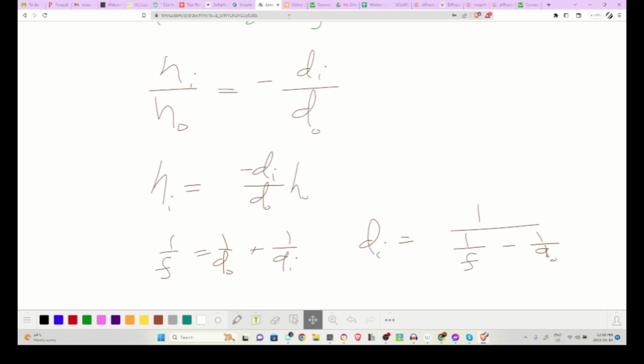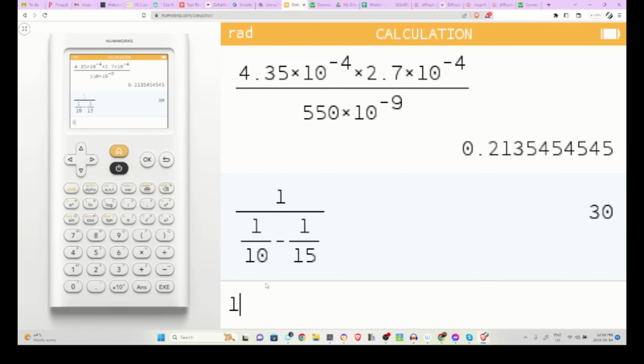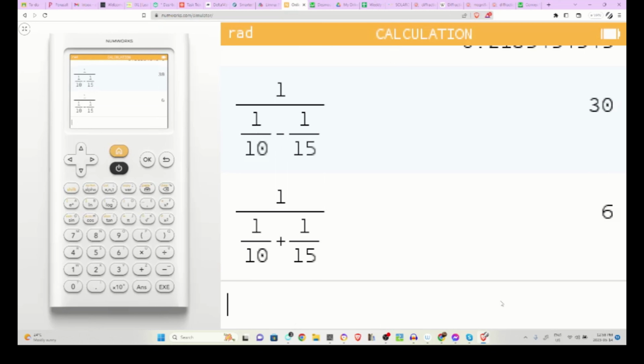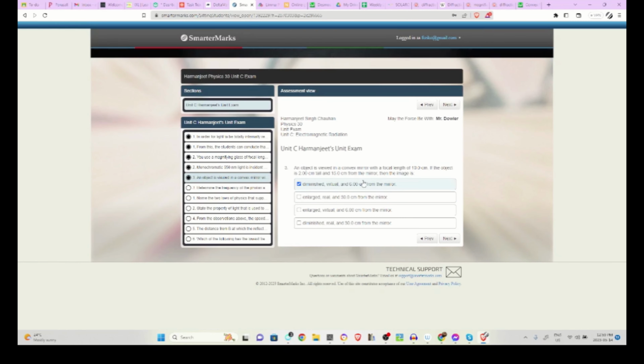So we'd be adding them instead of subtracting them. If that's the case, would that have done the trick? That would have done the trick. All right, so that was the sign difference in the definitions with that convex mirror rather than a convex lens.